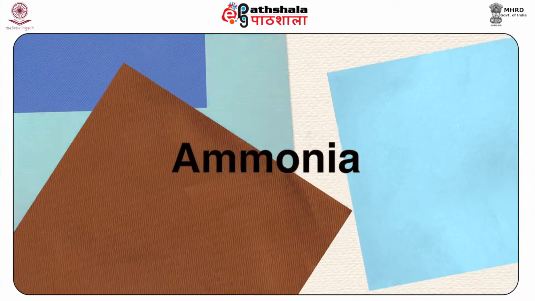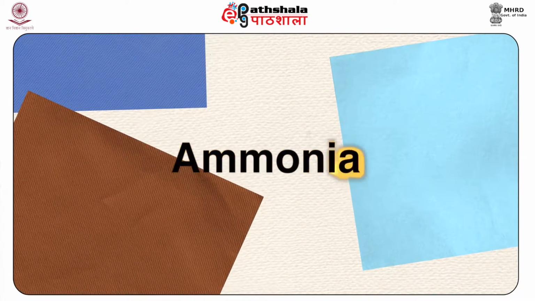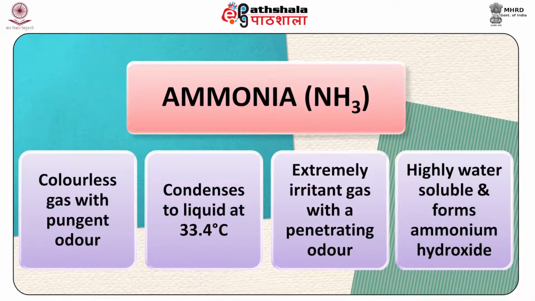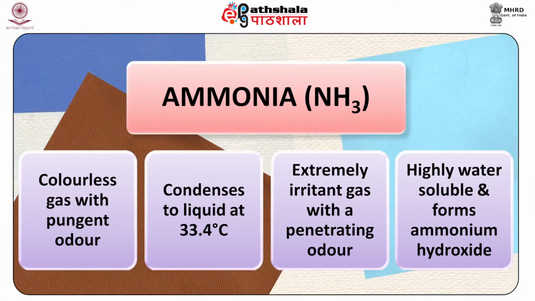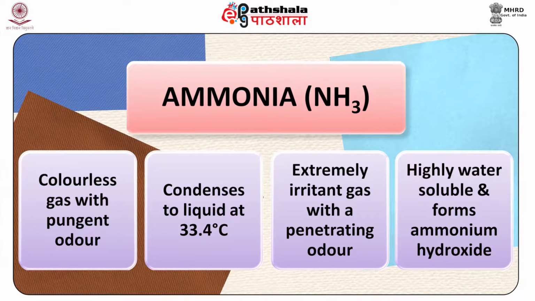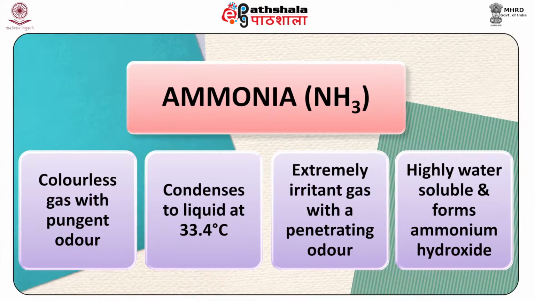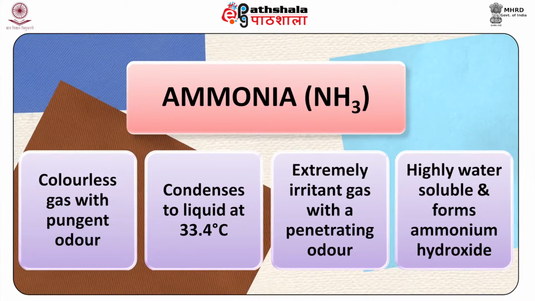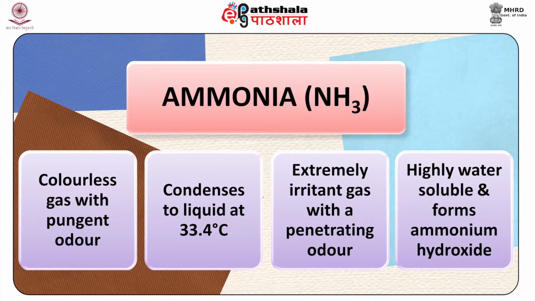Sixth is ammonia. Lethal concentration 50 is 4,000 parts per million. Ammonia is a colorless gas with pungent odor. It condenses to a liquid at minus 33.4 degrees Celsius. The chemical formula is NH3. It is an extremely irritant gas with a penetrating odor.